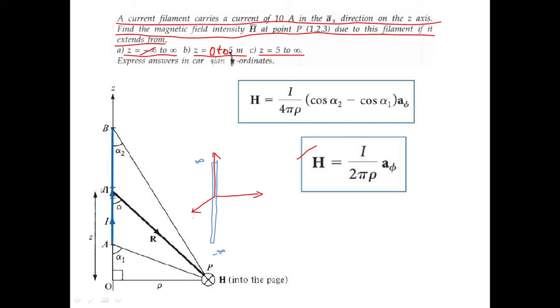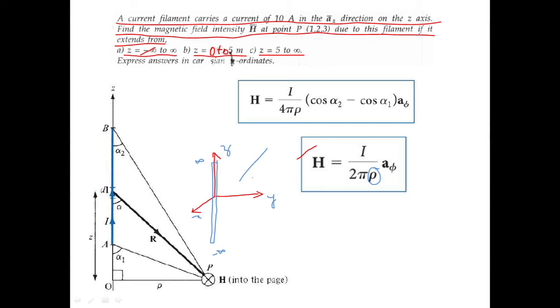So this will be x, y, and z. Now here you can see what is this rho. This rho is nothing but the perpendicular distance between the line and the point where we are calculating the magnetic field intensity. I think you have understood this diagram, right?